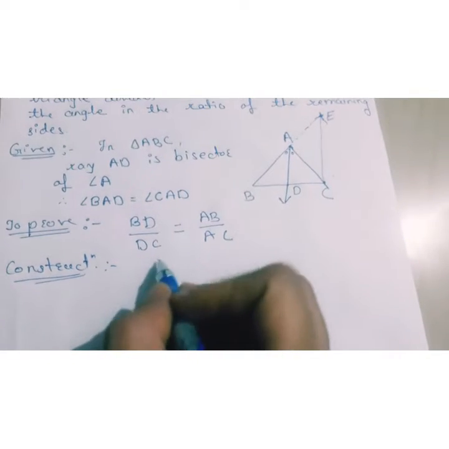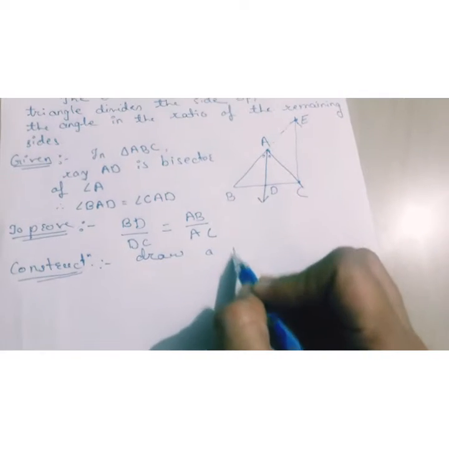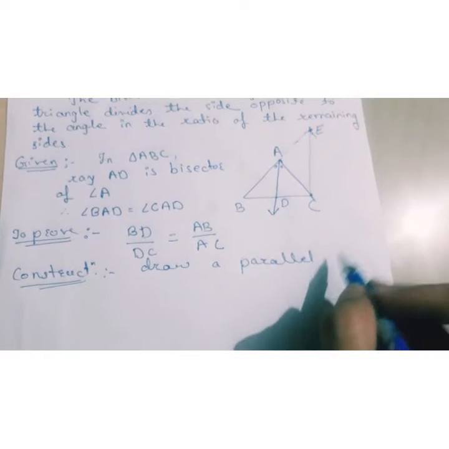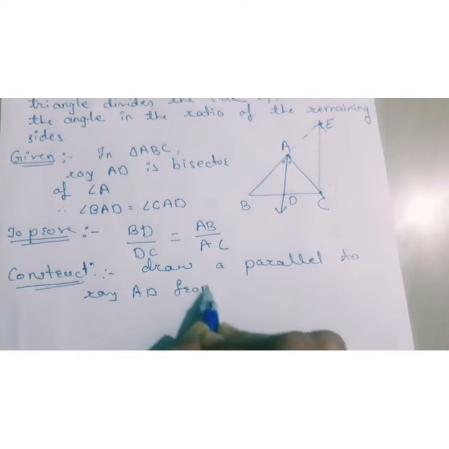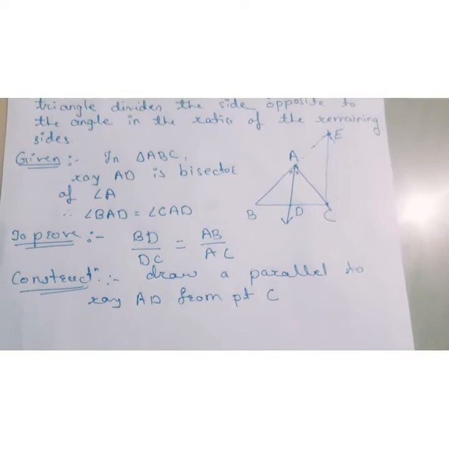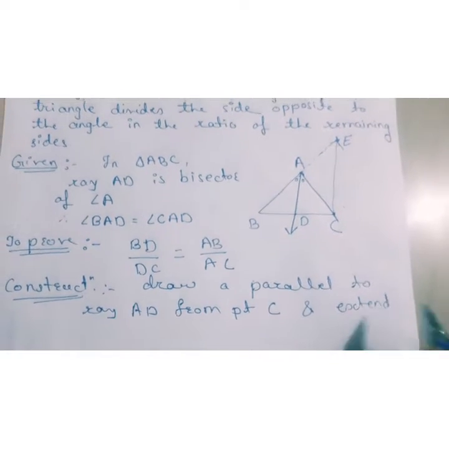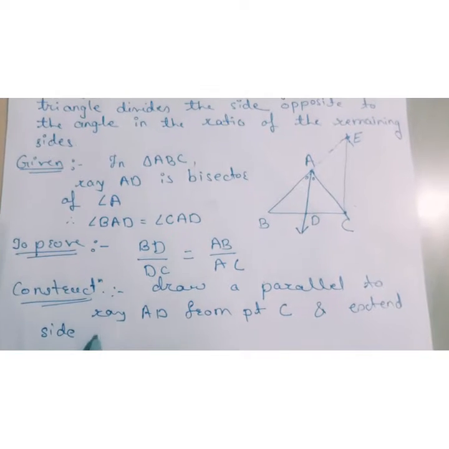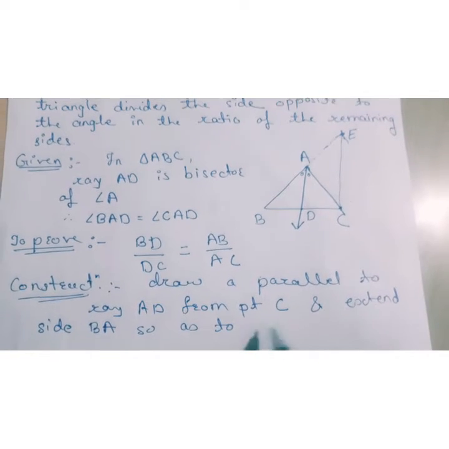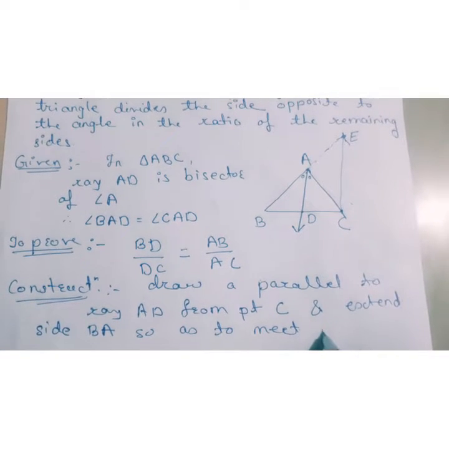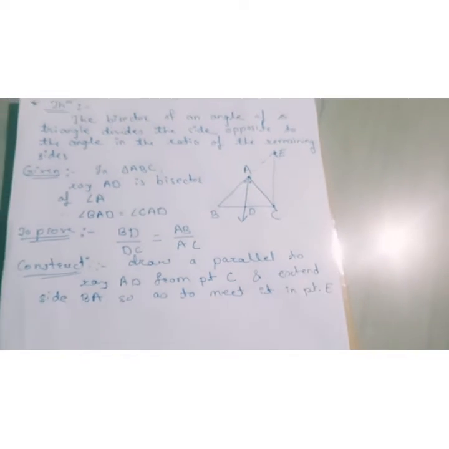Construction: draw a line parallel to ray AD from point C and extend side BA so as to meet it at point E. Okay, so this construction is done here.